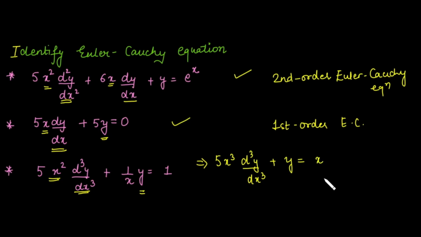So now check whether it is a Euler-Cauchy equation. Third order derivative x cube, no derivative, no x, and right hand side is just a function of x. So yes, this is the Euler-Cauchy equation and its order is 3.